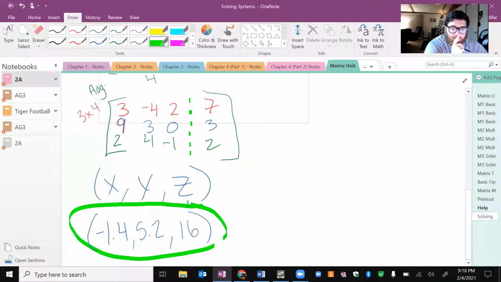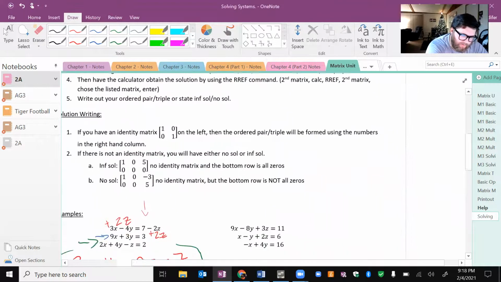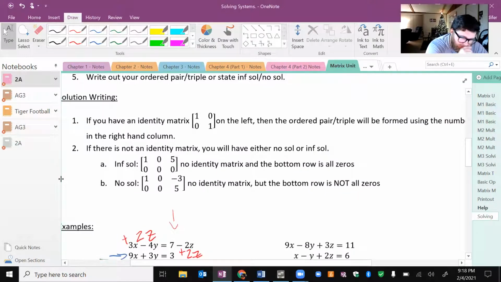All right, what happens if we do not get an identity matrix? Something special happens. Look here. If we do not get an identity matrix, we're either going to get infinite solutions or no solutions. There are two types. Here's the first type, and here's the second type.